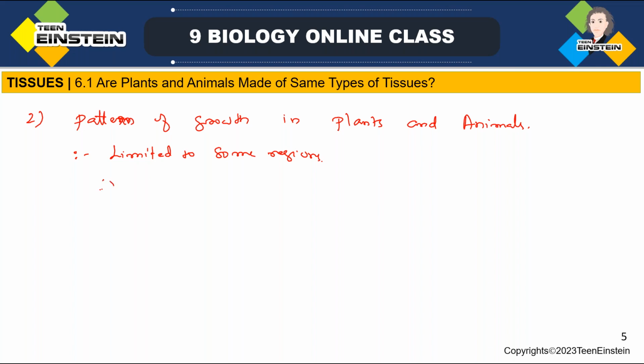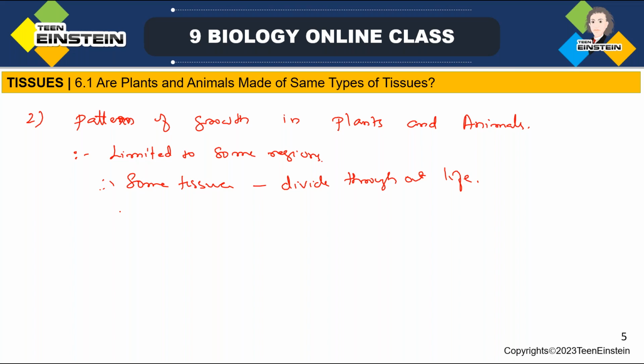And in plants, we know that some tissues or some cells will divide throughout their life. So generally we can say that plants have the ability to grow throughout their life. Not all the parts, you need to specify not all. The cells of certain regions have the power to divide throughout their life.